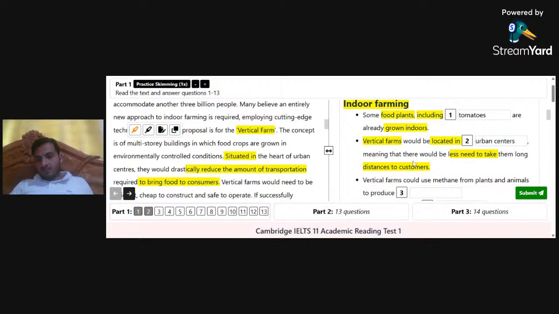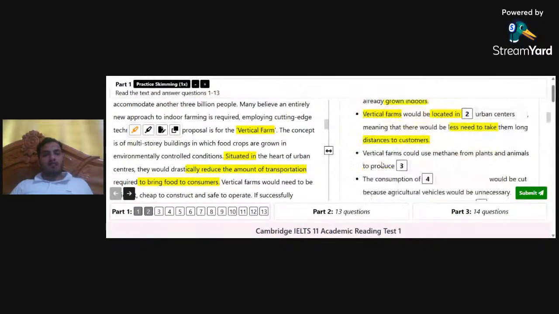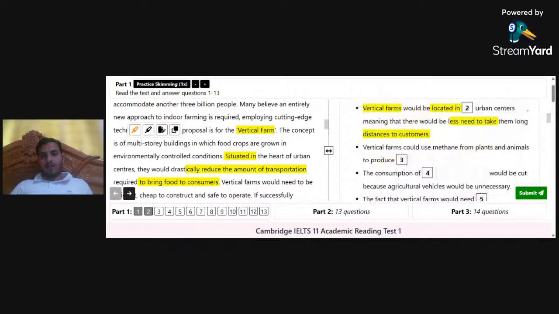So you can see that there is a specific word, located in and situated in. Similarly, if we move to the next question, vertical farms could use methane from plants and animals to produce something.